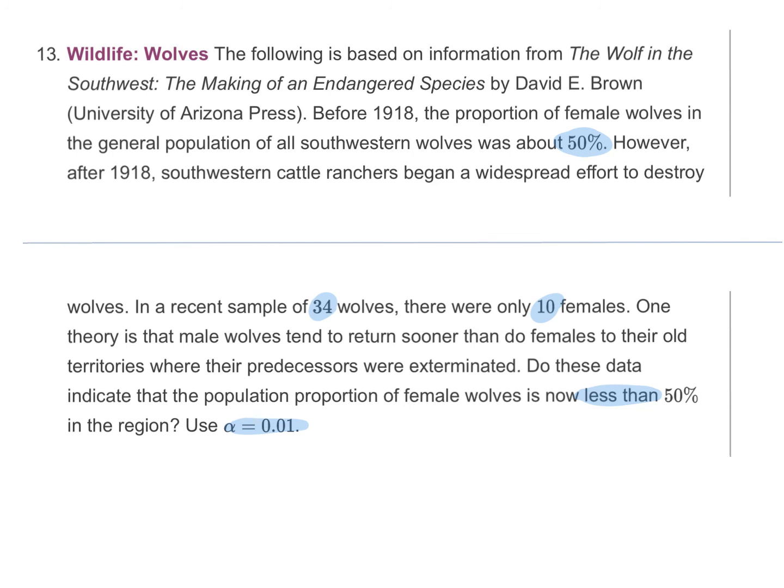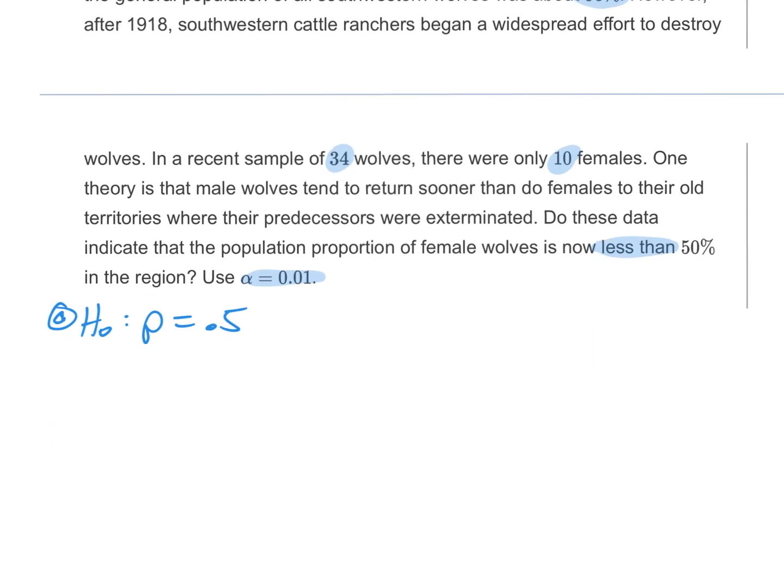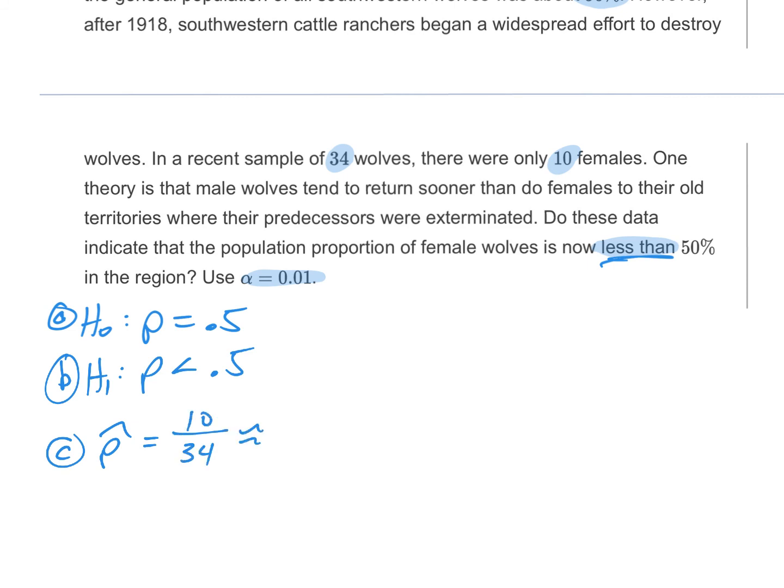So here we go. We're going to start with our H naught, this is question A, everybody. P is equal to 0.5. Question B, H1, P is less than 0.5, right? Because it's less than. Question C, we're going to find P hat. Of the 34 wolves, 10 were females.